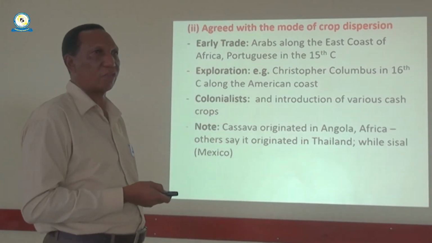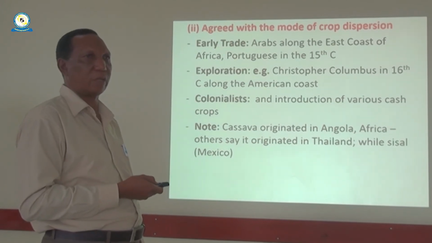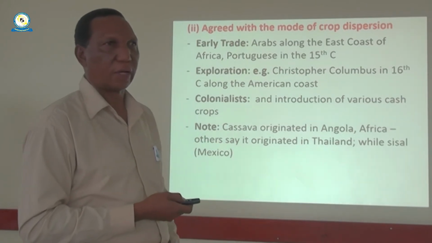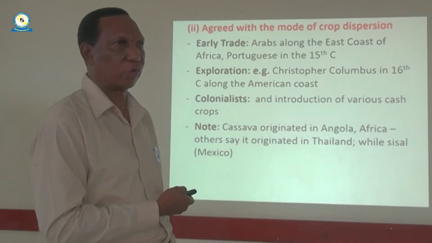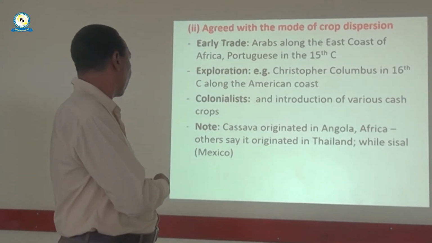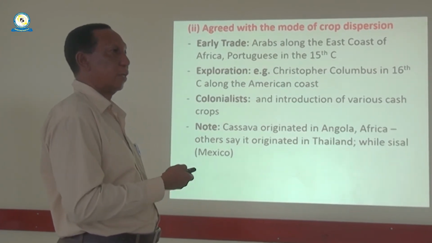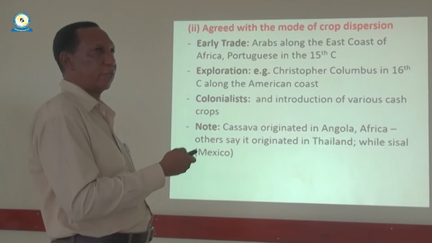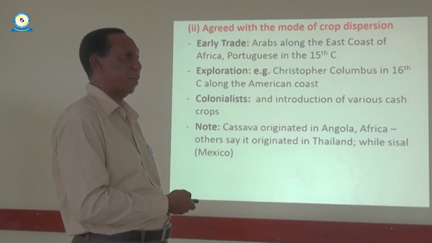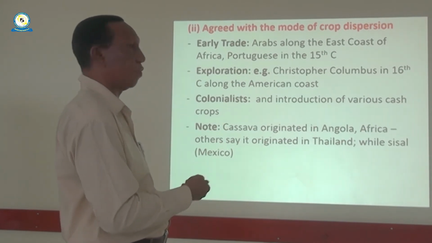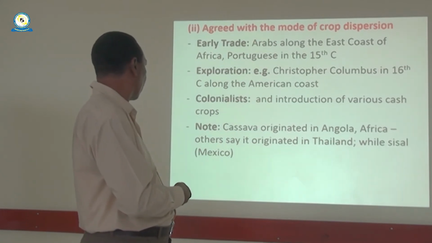For example, the Germans in 1932 brought in coffee. Also, sisal was introduced. Colonialists in many cases, such as the Portuguese, brought in crops from different countries because they had other spheres of influence outside East Africa. Wherever they went, they dispersed the crops which they brought from other areas.